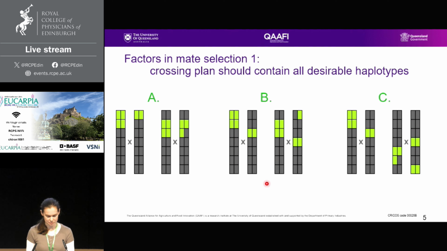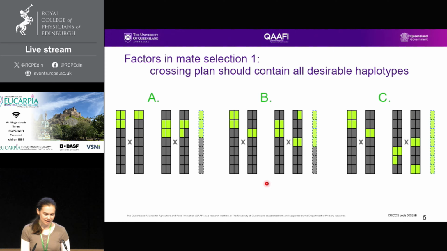A better crossing plan would be something like C, because the best stack of those haplotypes we could get from C contains more of our desirable green haplotypes than crossing plan A or B. So we want good haplotypes at every block in the genome, if possible. That's going to be one of the principles of our mate selection method.